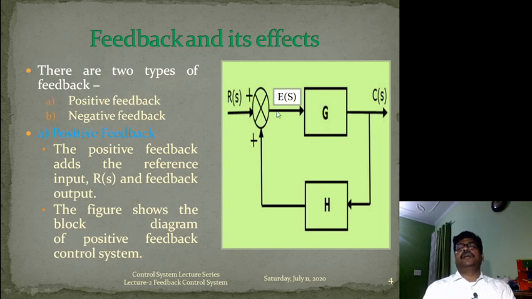So this error gets enhanced, but our requirement is that the output should follow the input. So positive feedback system is generally not used. It is used in oscillators where we need signal amplification.